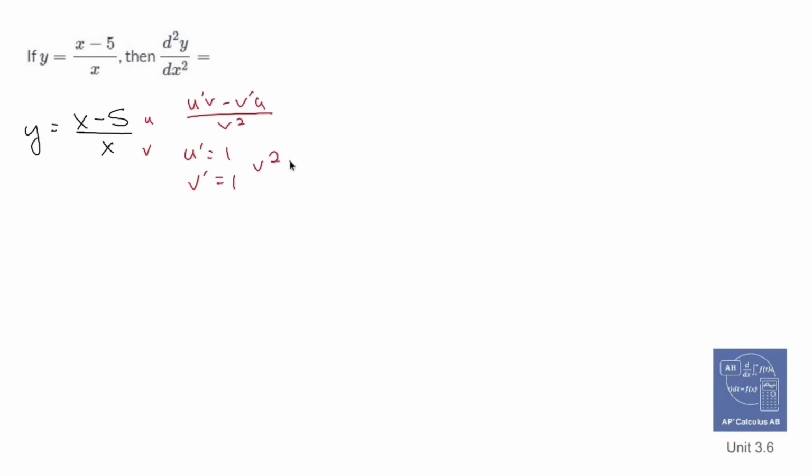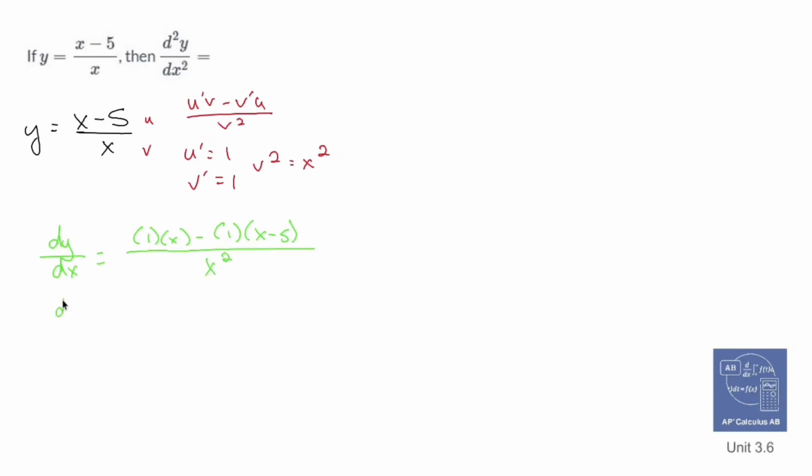And v squared is going to be the denominator squared, x squared. So dy dx, the first derivative, is going to be u prime, which is 1, times v, which is x, minus v prime, which is 1, times u, which is x minus 5, all over v squared, which is x squared.